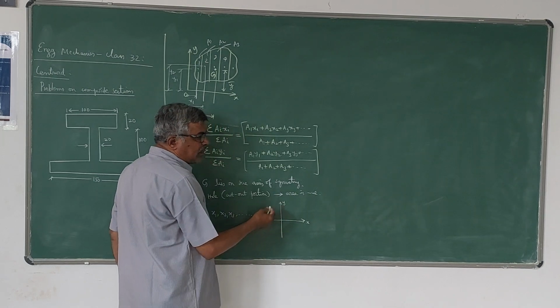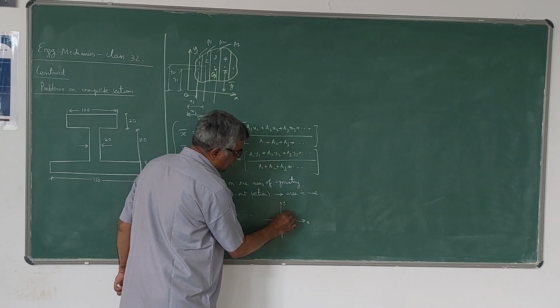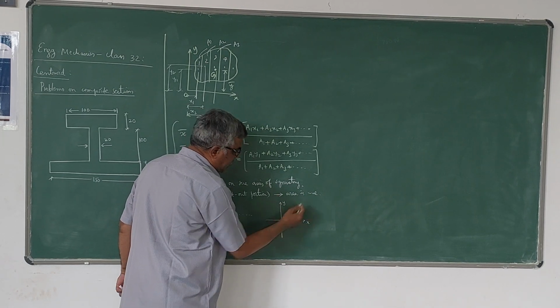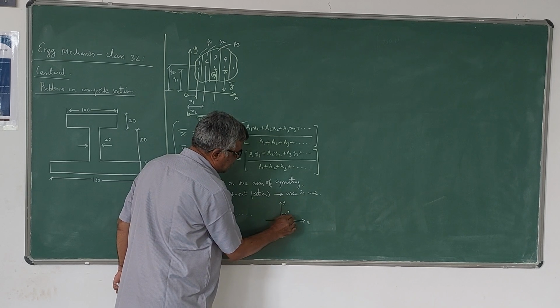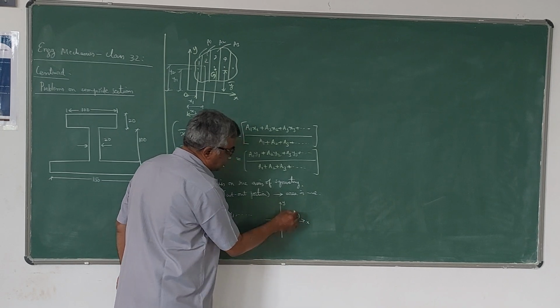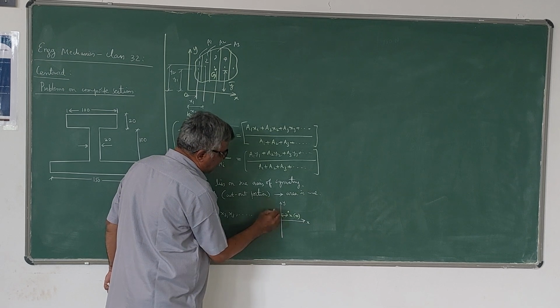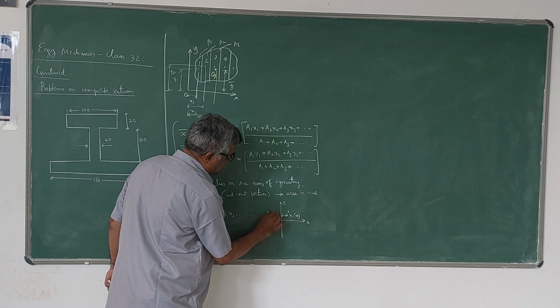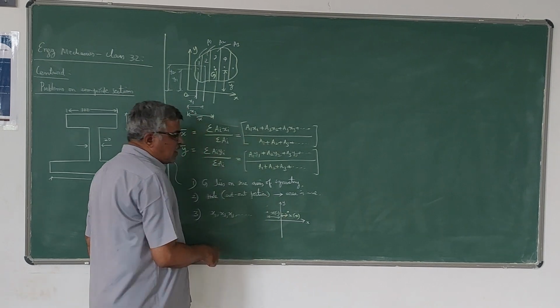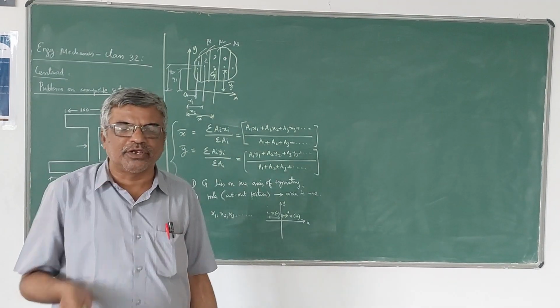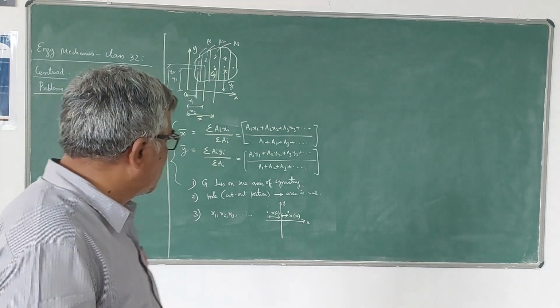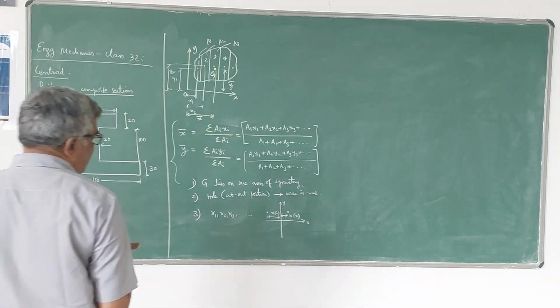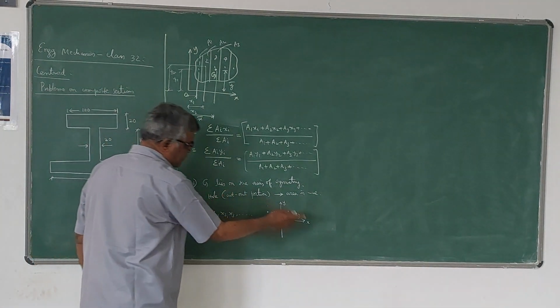If the centroid lies to the right of the y-axis, then the x distance is taken as positive. If the centroid lies to the left of the y-axis, then the x distance is taken as negative. So this is another sign convention we have to use. So x1, x2, x3 can be either positive or negative, depending on the position of that centroid from the y-axis.